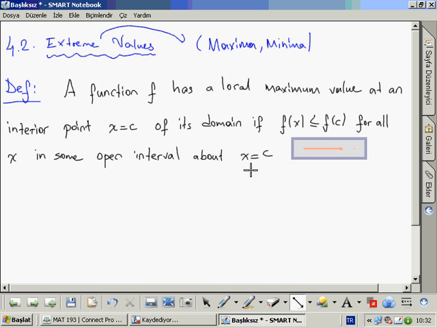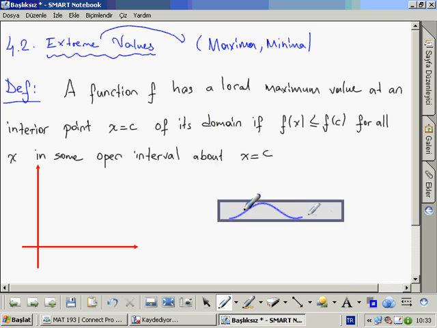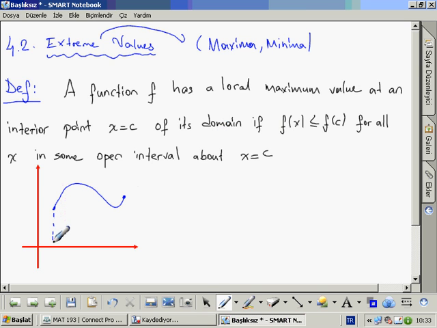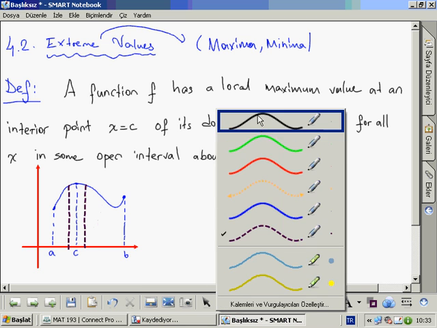I mean that, okay, this point is A, this point is B, and C. For this interval, C is the local maxima point.